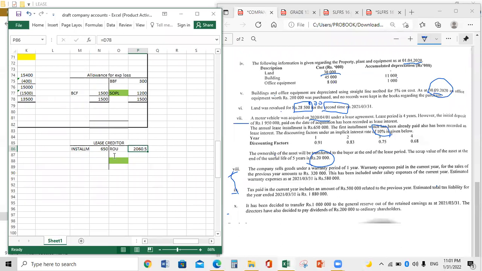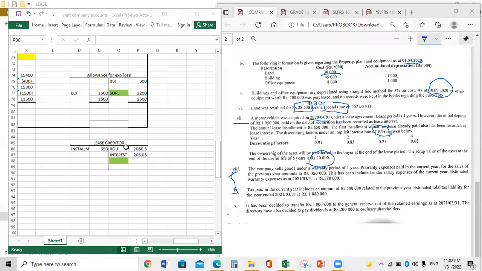So guys, the double entry for interest. Interest is an expense. Interest should be debited. Lease creditor should be credited. Take this, multiply it by 10%, you get the interest. So interest is how much? 206,050.